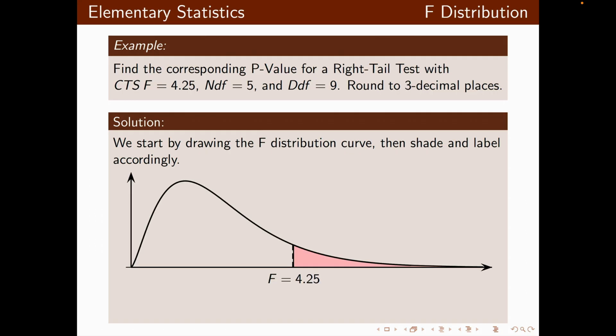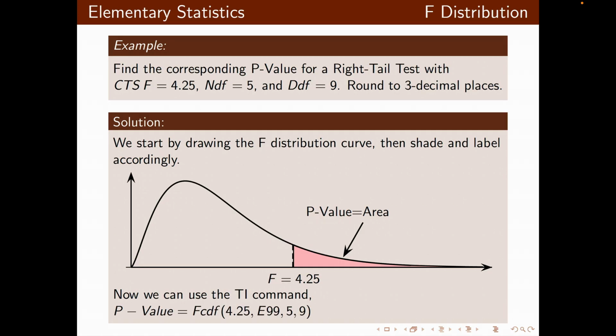So the p-value will be that area. Using the TI command FCDF, lower would be 4.25, upper E99, 5 for the numerator degrees of freedom, and 9 for the denominator degrees of freedom. And that answer is 0.029. So that would be the corresponding p-value.